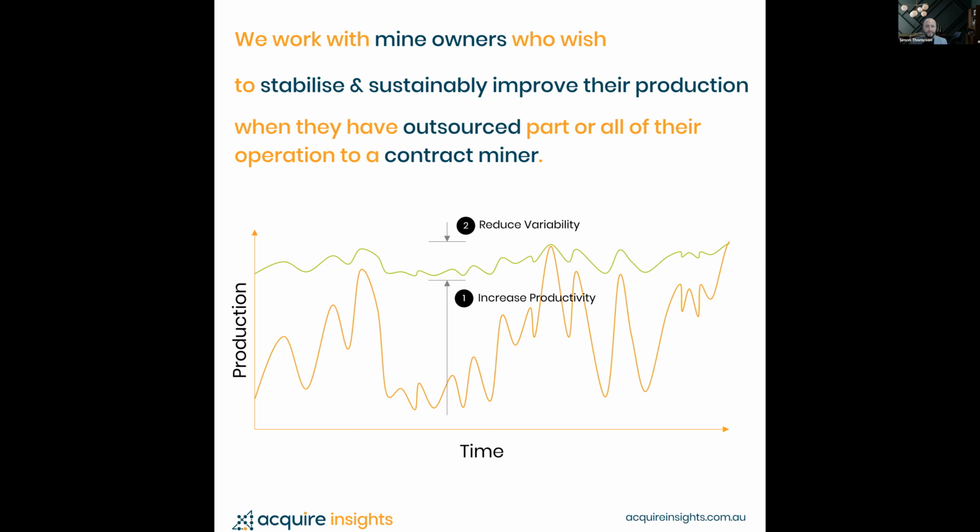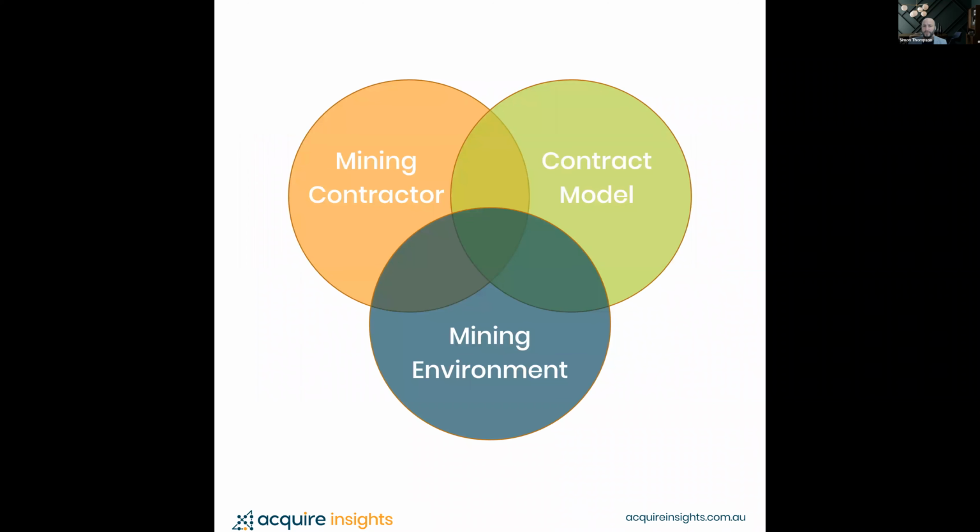But what mine owners often don't understand is that you can actually influence the production, even at arm's length. You can increase productivity overall and reduce that variability. The way we do it, and the model we use, is really simple. It has three components.